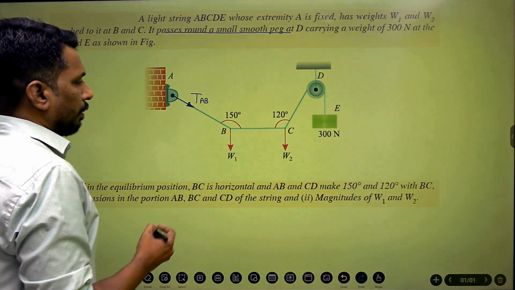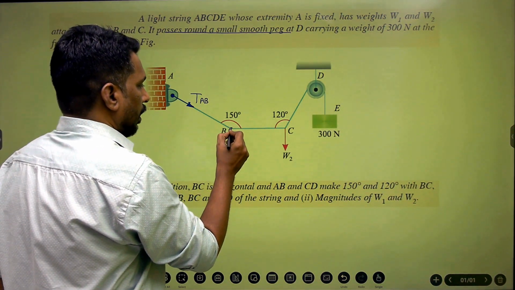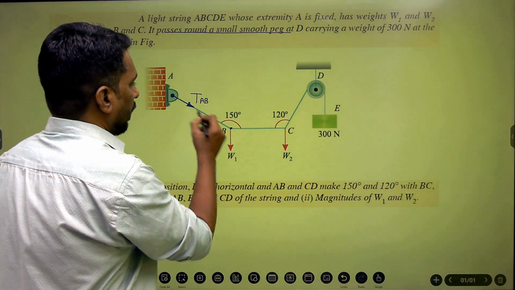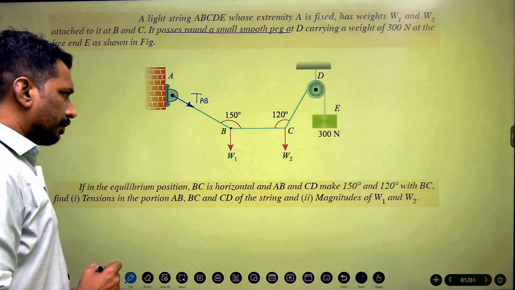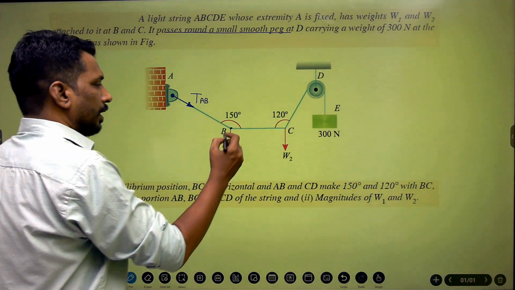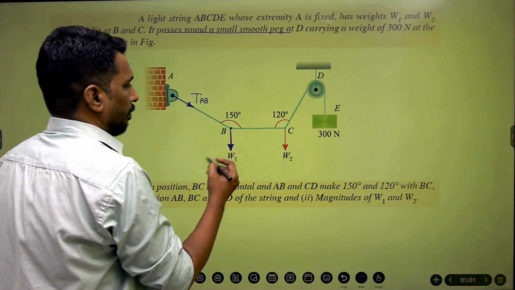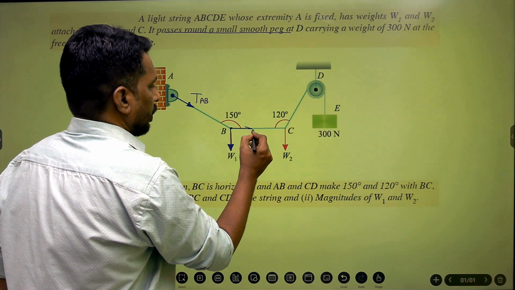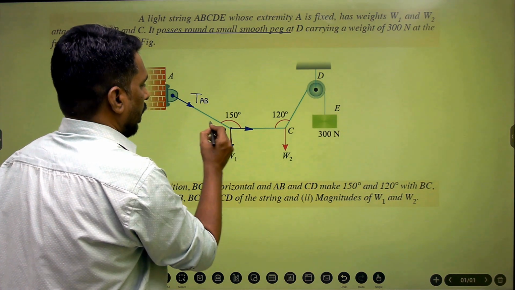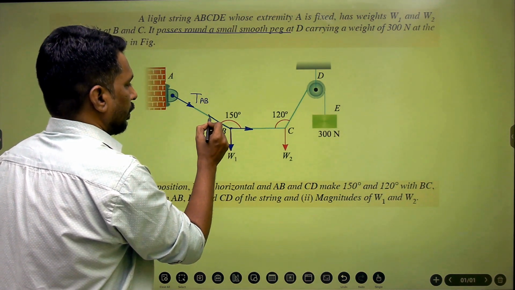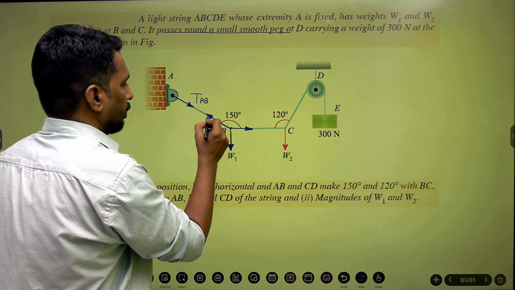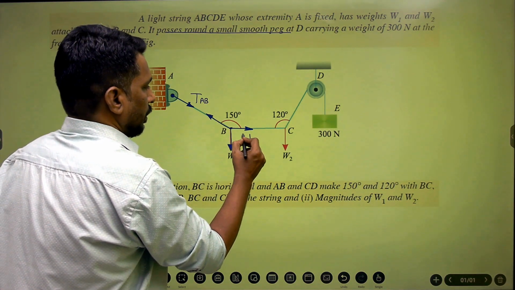Now I'll go to point B, and you can see now there are two cable segments, BC and AB, connected at point B, and a weight is suspended, so the weight is vertically downward, and this is unknown at this point of time. Now the tensile force is away from point B, and away from point B for the tensile force AB. So this is tension BC.